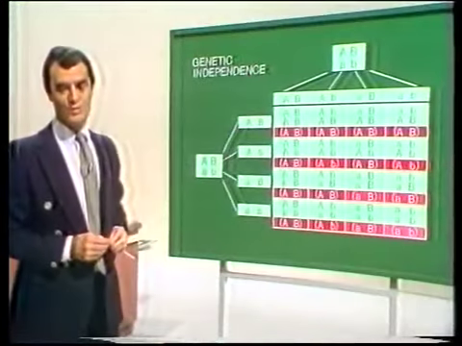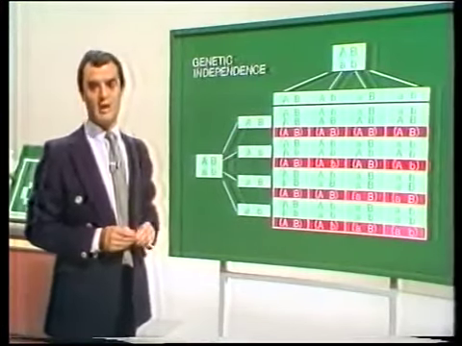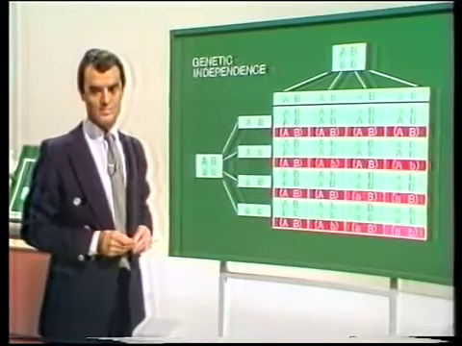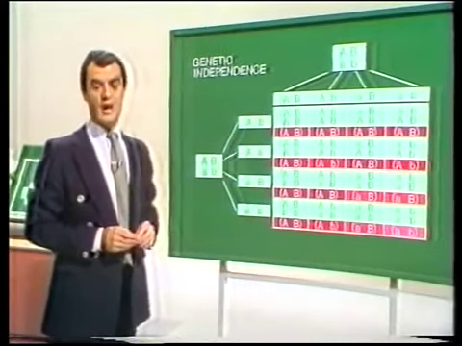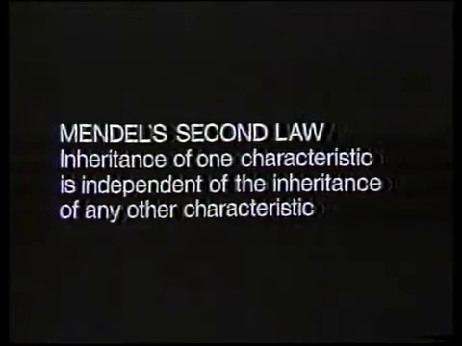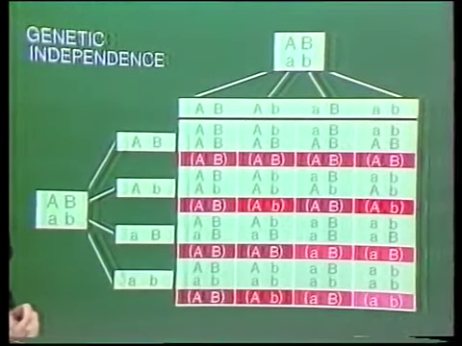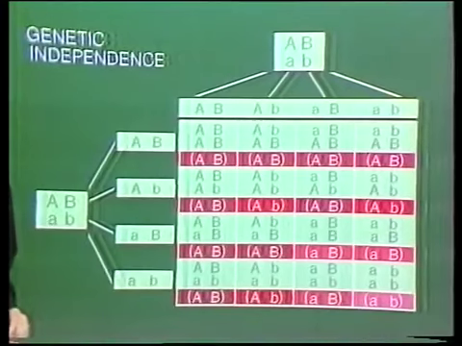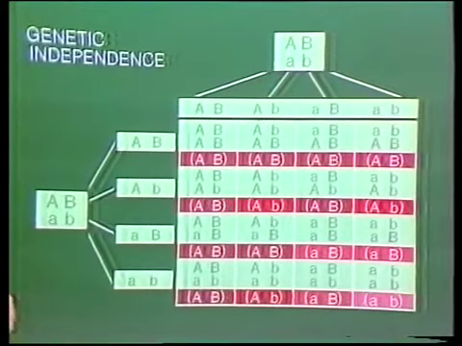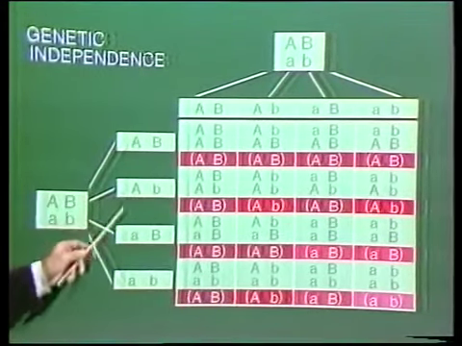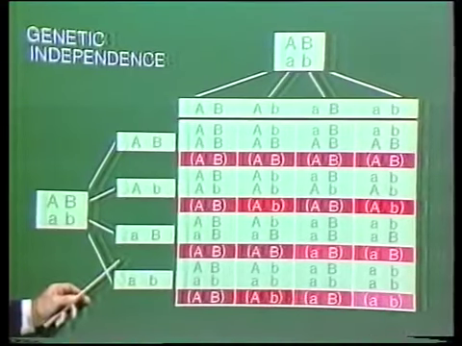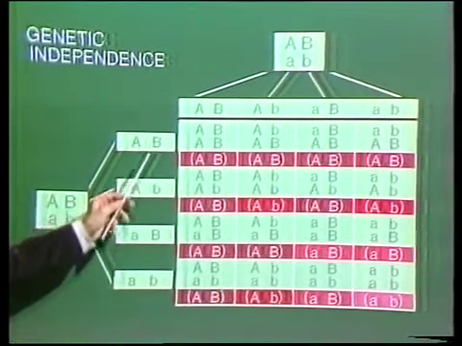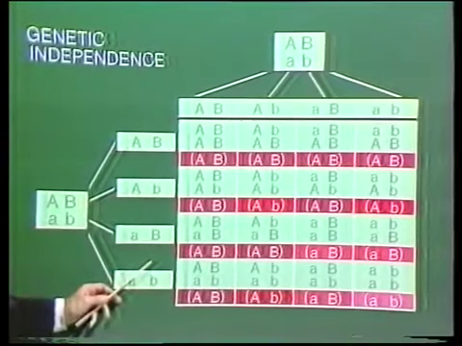Now, Mendel formulated a second law to determine how this type of cross should work. This says that inheritance of one characteristic is independent of the inheritance of any other characteristic. What this means, if it's true, and that's what we're going to use statistics to test, is that the way the A genes segregate should be independent of the way the B genes segregate.